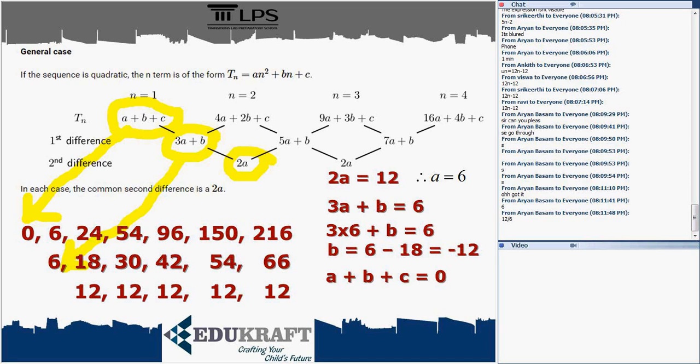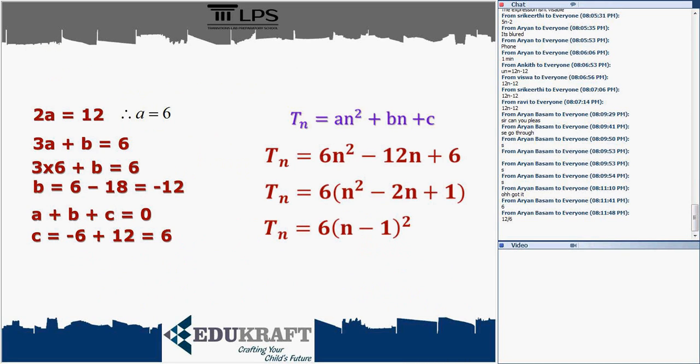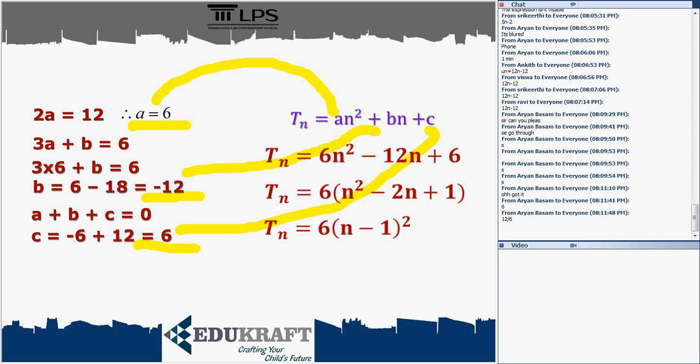So I get C. Now I have the value of A, B, and C, and substitute the values in place of A, B, and C in the general equation.